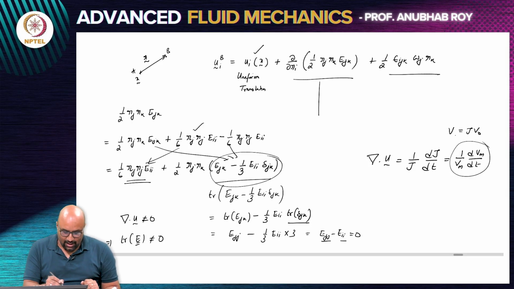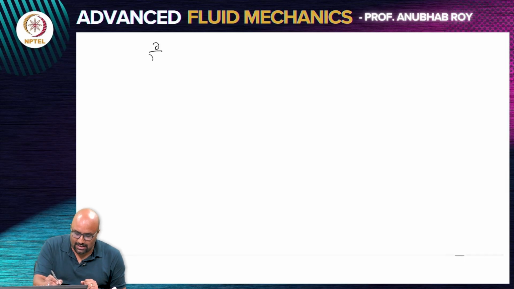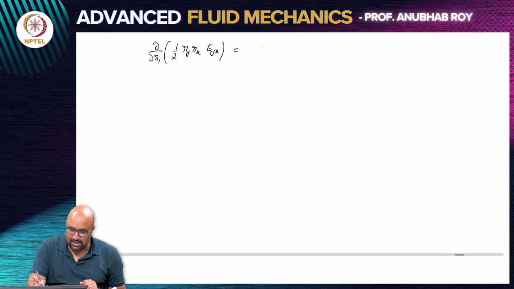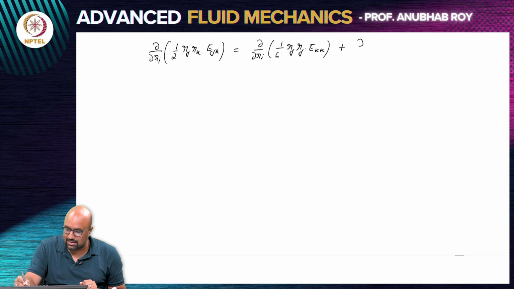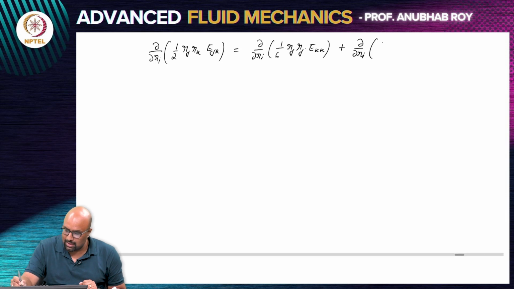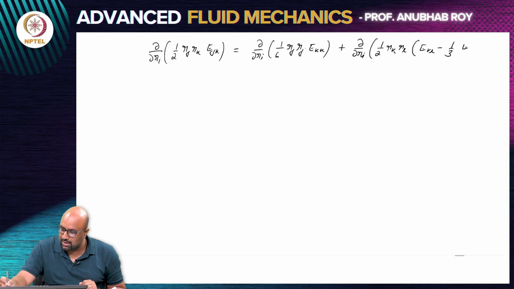So, what we have done now is, by writing this object half Rj Rk Ejk, we have written this right now as del del Ri of 1/6 Rj Rj Ekk plus del del Ri of half Rk Rl Ekl minus 1/3 Eii delta Kl.